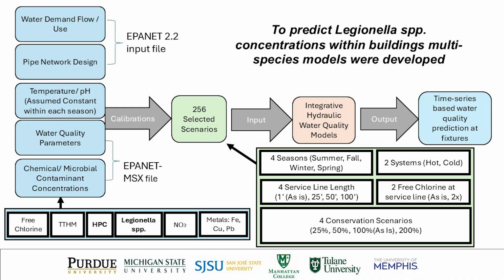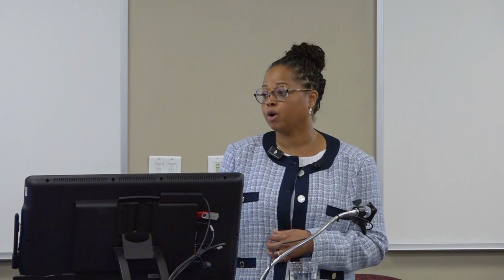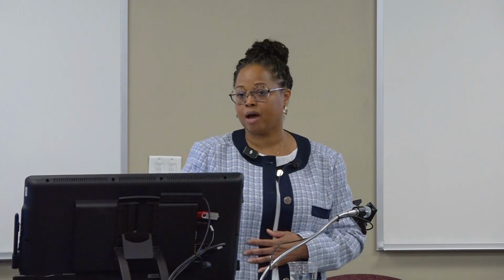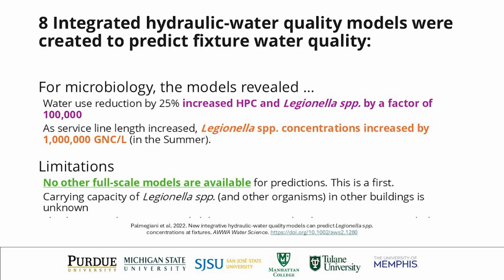I should refer you to the paper for that. But the idea here and the end result is that you would be able to change parameters and develop different scenarios and look at how that would affect your ending water quality in a predictive approach to inform the decisions that you would want to make about pipe design.